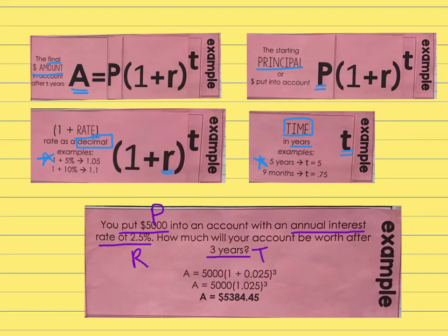Then they have now substituted those numbers into the formula, noticing they put the number 3 this time as the exponent. When you type that all in, you get the total value of $5,384.45.